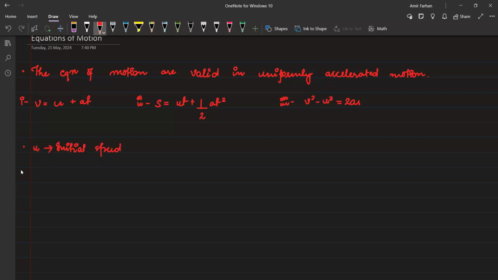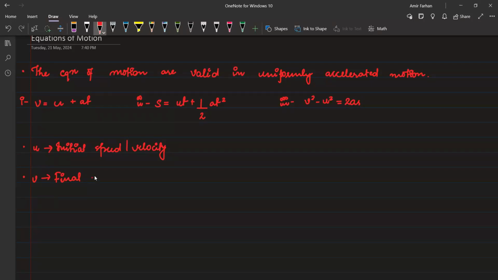Next is v, that is final speed, or final velocity. Final velocity or final speed is the speed with which that object has completed its journey, the time at which we have ended the observation.